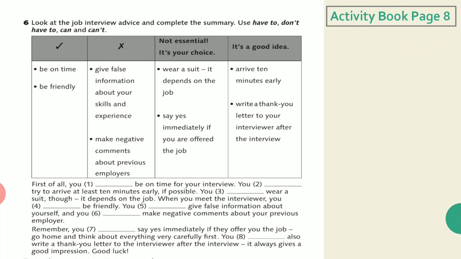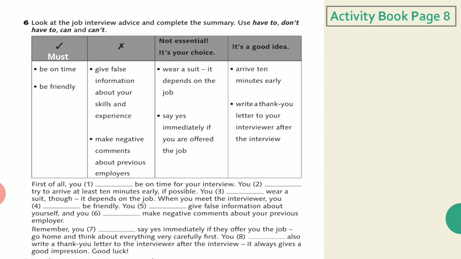Now we have an exercise and it is also about the modal verbs have to, don't have to, can and can't. We have a table and the table has 4 columns. Each column has a meaning. We have the column that has the tick sign, and here it means that we must do that thing.